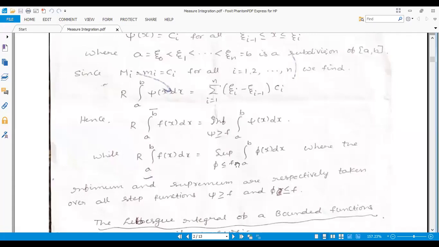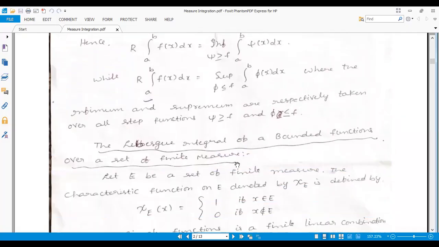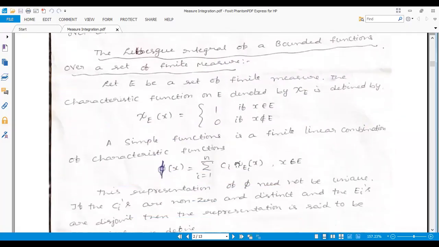Then the Riemann integral changes to the Lebesgue integral. Now we will discuss the Lebesgue integral of a bounded function over a set of finite measure. Let E be a set of finite measure.